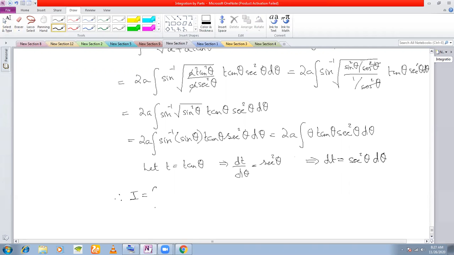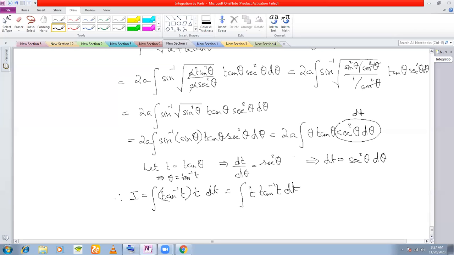I becomes the integral. See, theta here is, if t is tan theta, therefore theta must be tan inverse t, right? So you put tan inverse t in place of theta. And tan theta we have taken as t, and sec square theta d theta, this part becomes your dt. So this becomes the integral of t tan inverse t dt.